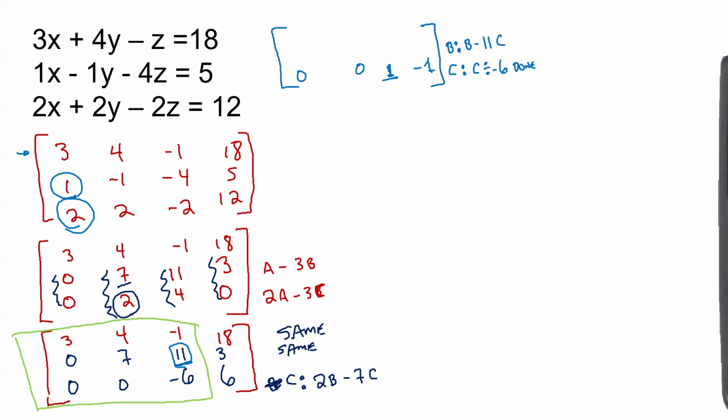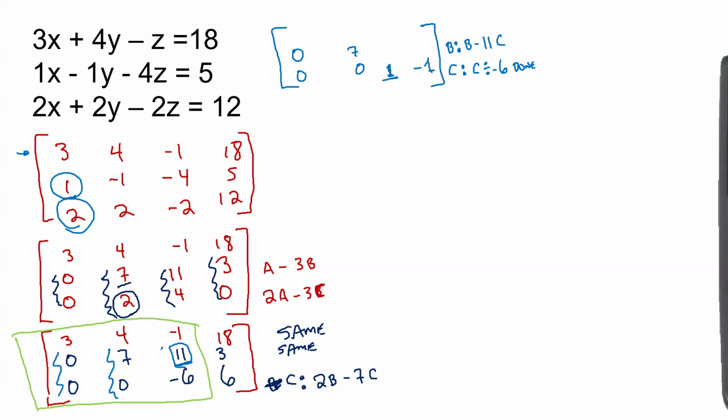Okay? So to do that, I would have to look right here, and I've got 0 minus 11 times 0. That's a 0. Right here on this one, I've got 7 minus 11 times 0 is just a 7.